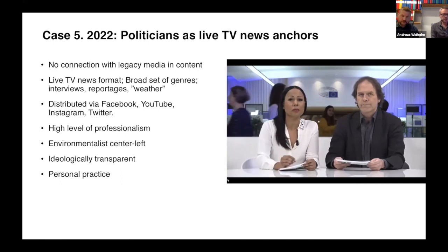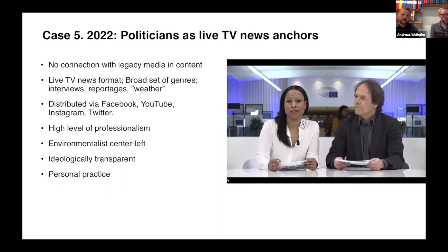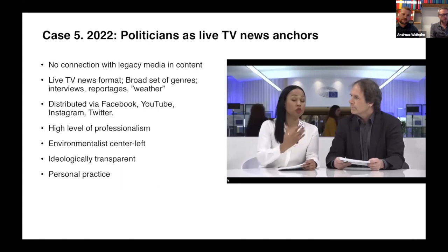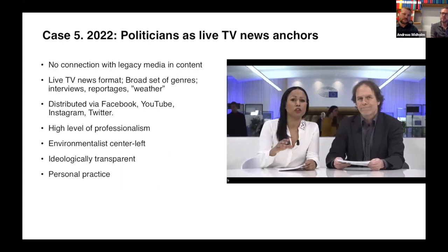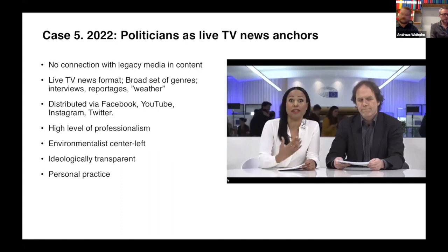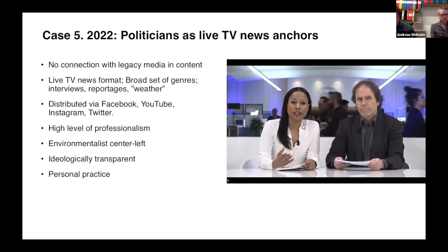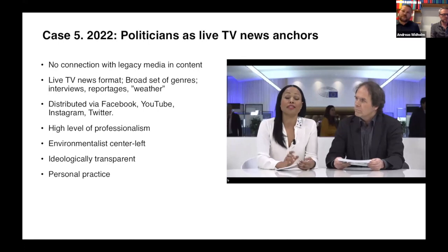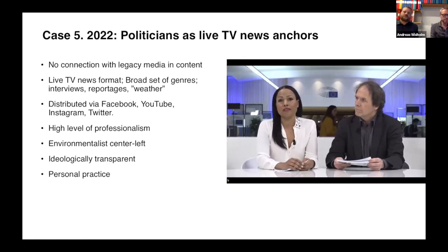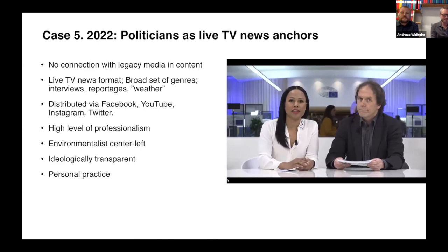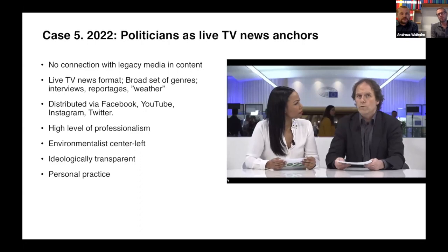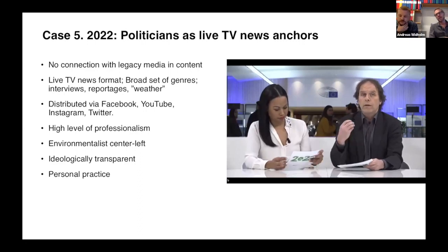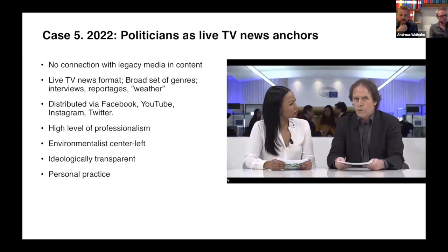What is specific about this case is also that both Bah Kuhnke and Holmgren have a professional background from the television industry. Bah Kuhnke hosted several primetime television shows in public service as well as in commercial TV. And Holmgren was a weather presenter for more than 10 years in public service television. So these are very known people from the media in Sweden, and now they have gone to politics instead.